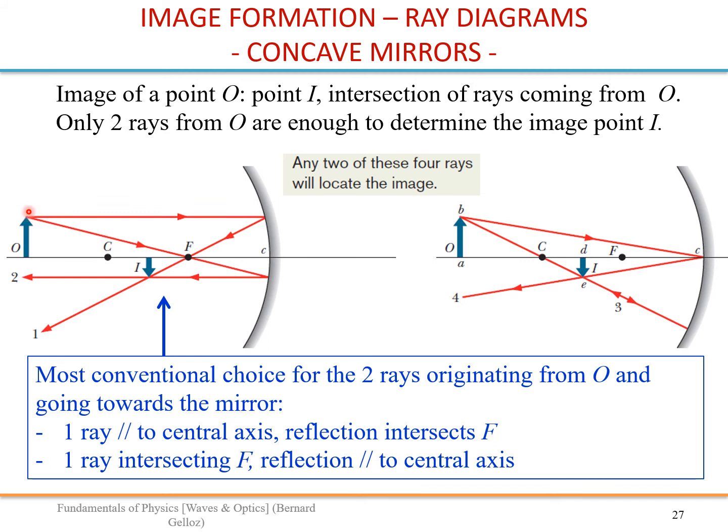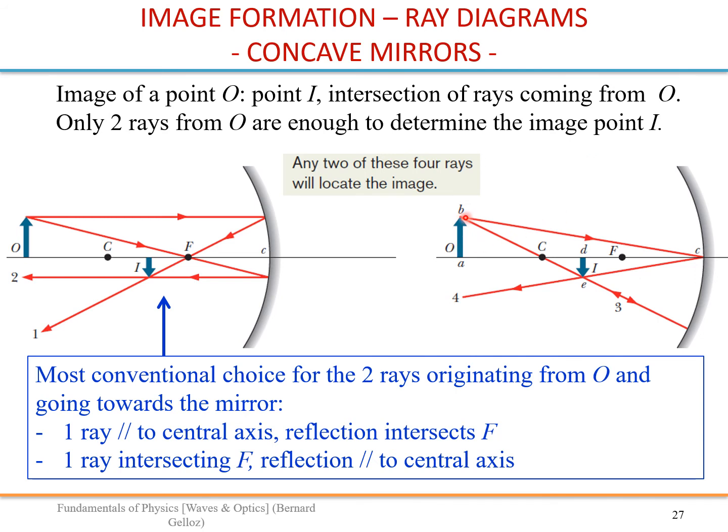Now, very important, you have to be smart in the way you select your two rays. For a spherical mirror, you have two kinds of smart choices, and one is universal to all optical components. This is the one that is universal. This is the one that is specific to spherical mirrors. So let's start with that one.